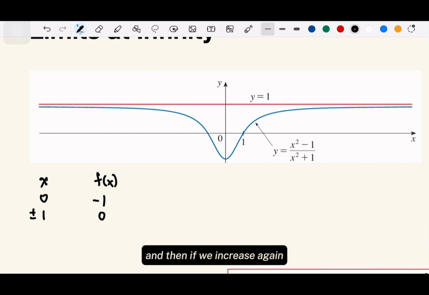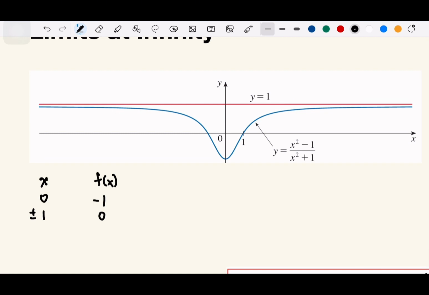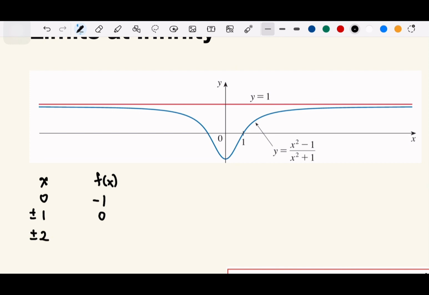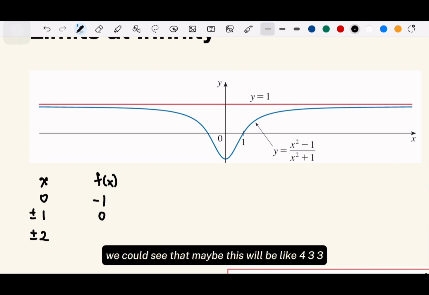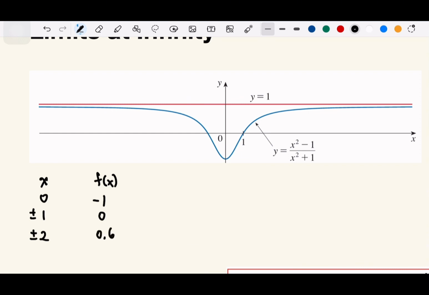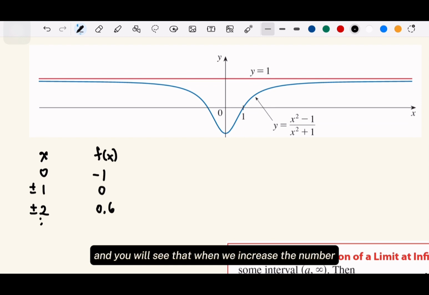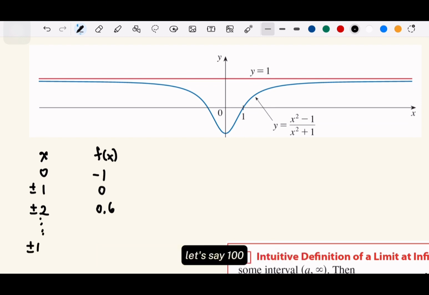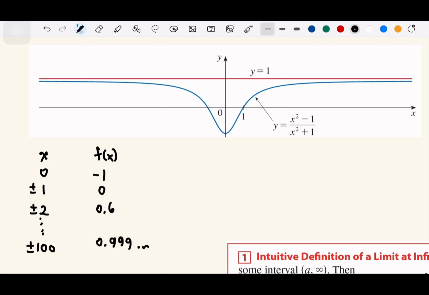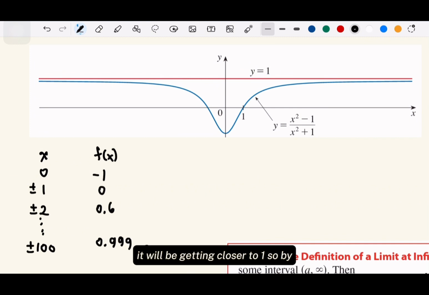And then if we increase again, we could see that maybe this will be 3 over 5, which is 0.6. And you will see that when we increase the number, let's say 100, it will be around 0.999 something. If you increase and increase, it will be getting closer to 1.